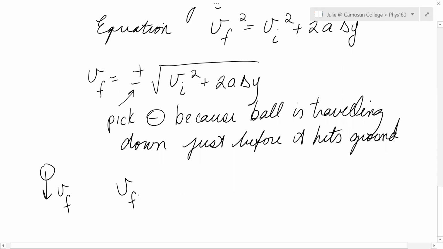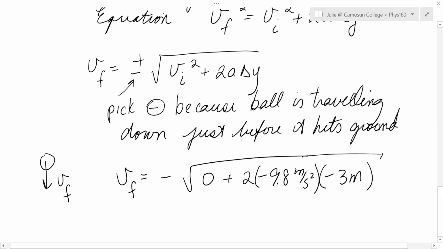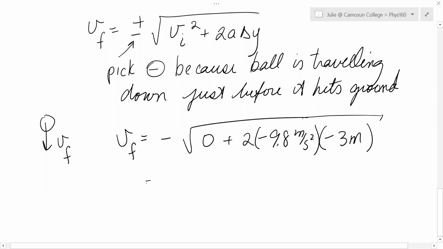Okay, you put your numbers in and you get negative the square root of 0 plus 2 times negative 9.8 times negative 3. And you notice here that if you don't put that negative 3, you're going to get a negative sign under your square root, and that'll give you an error on your calculator. So this is equal to negative the square root of that positive number, which is 7.67 meters per second. And that's the velocity just before it hits the ground. Okay, so that should do for this video.